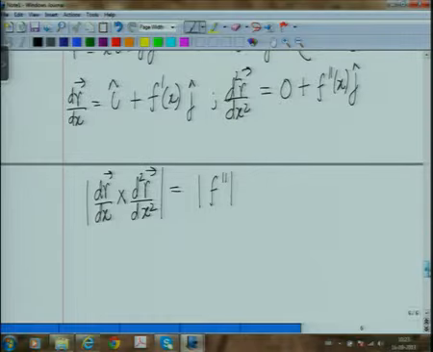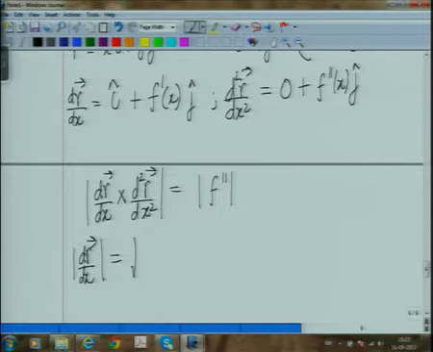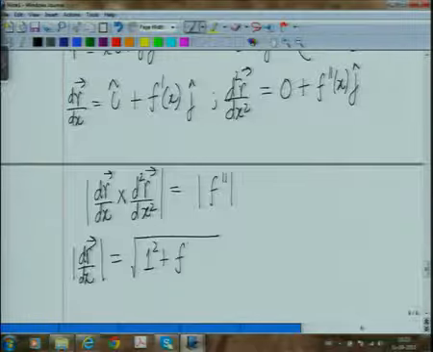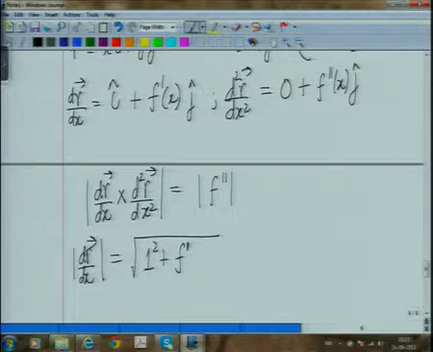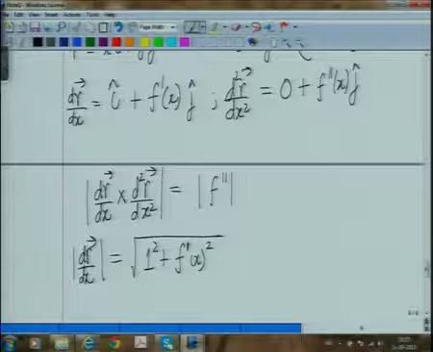And we have to now also find the magnitude of dr by d tau, that is magnitude of dr by dx. What is that? This will be equal to square root of, what is the coefficient of i? 1. So square root of 1 square plus f prime of x square. So this is equal to root of 1 plus f prime square.